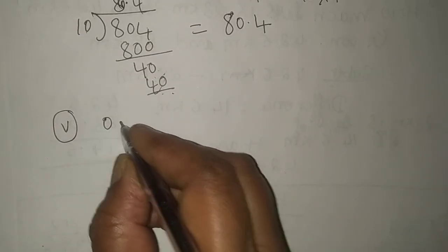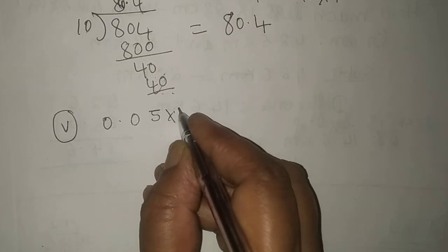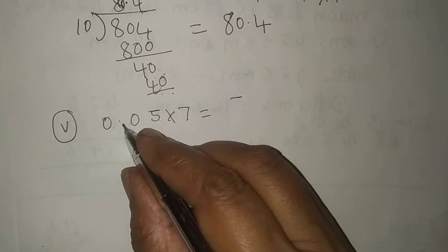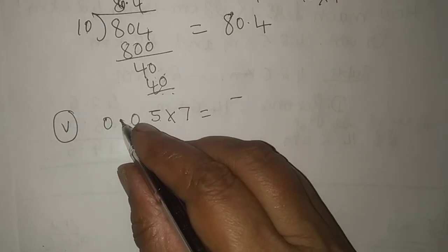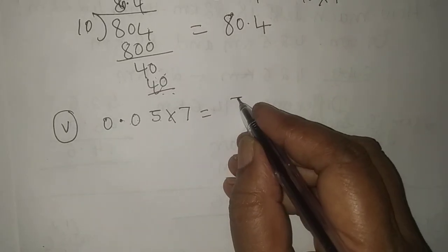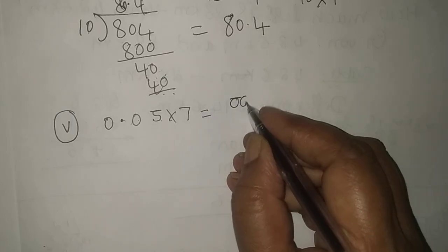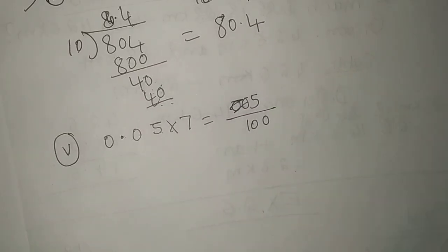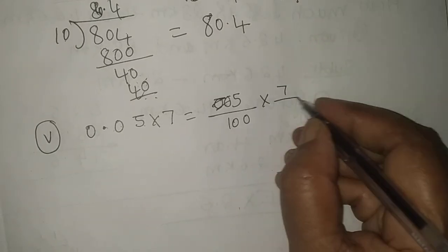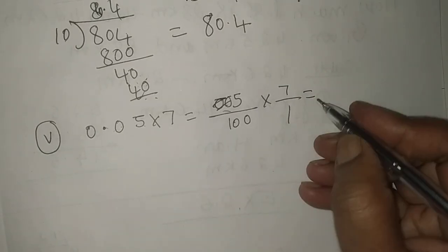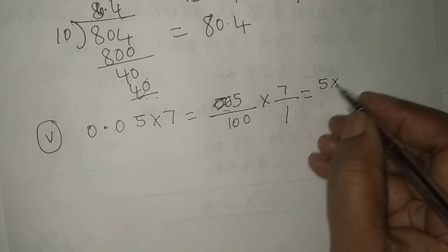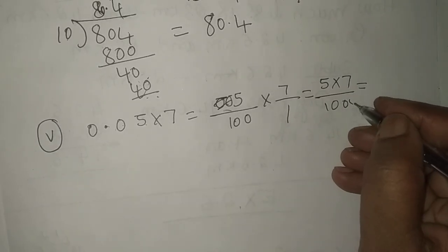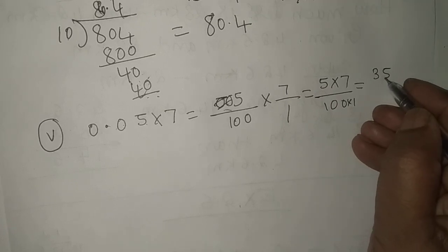Fifth one, 0.05 into 7. After the decimal point there are 2 digits, therefore we have to put 100. 005 or only 5, this has no meaning. We can put 5 by 100 into 7 by 1. Therefore 5 into 7 by 1 into 100 is 35 by 100.